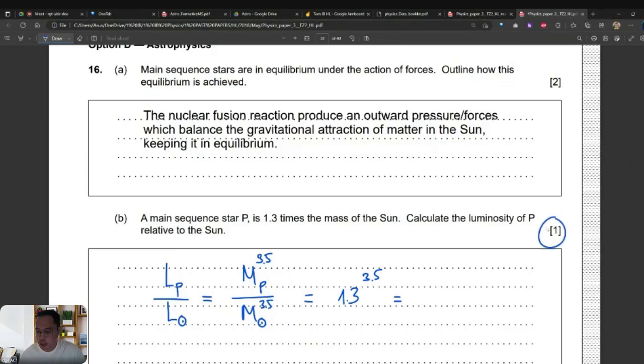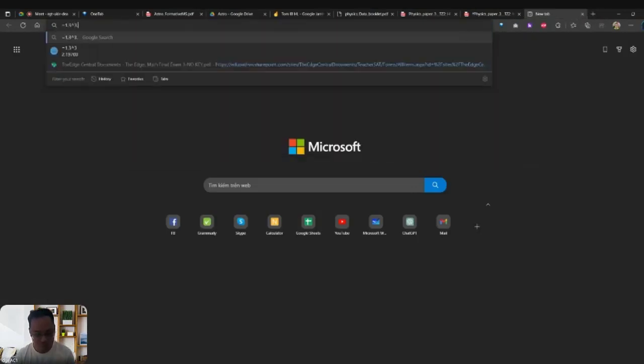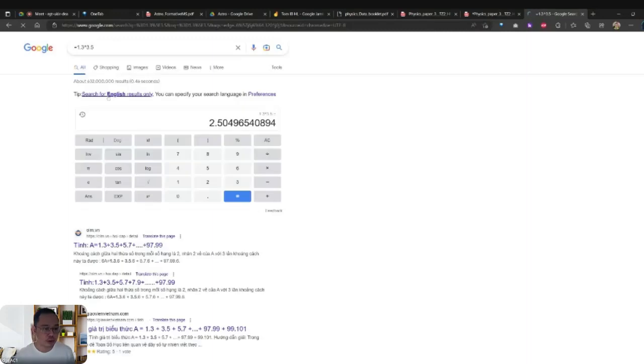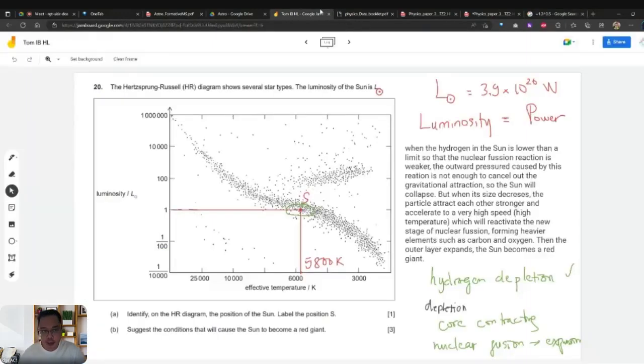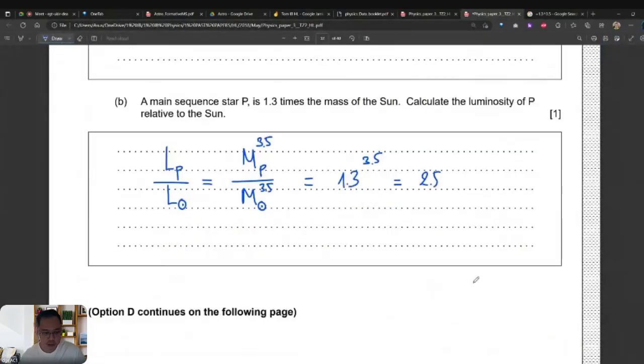It is only 1 mark. 1.3 to the power 3.5 is 2.5. It is 2.5 times more luminous compared to the sun, equivalent to 2.5 suns.